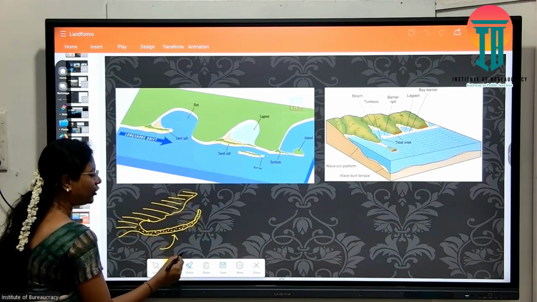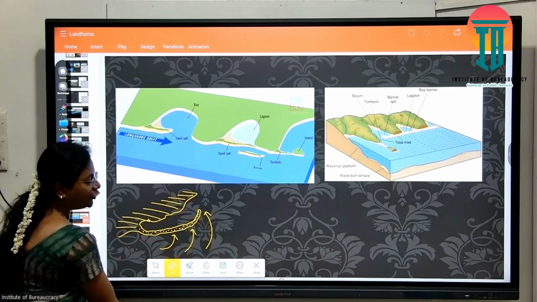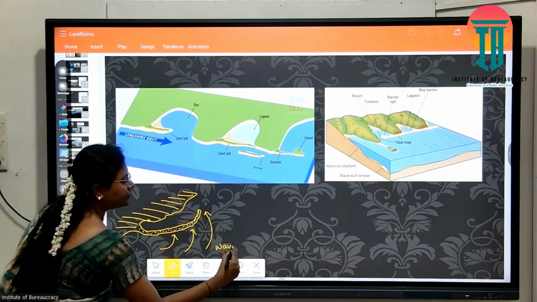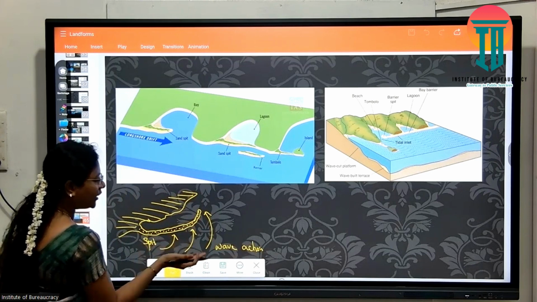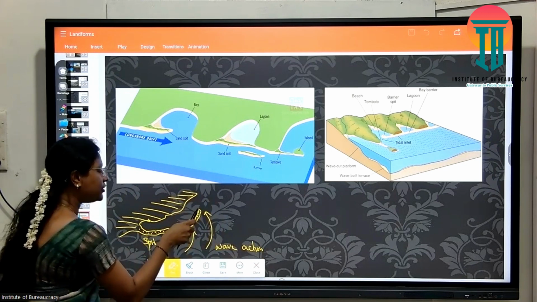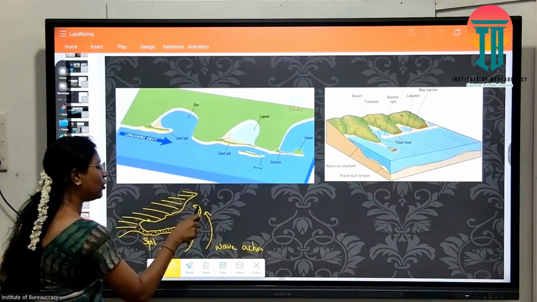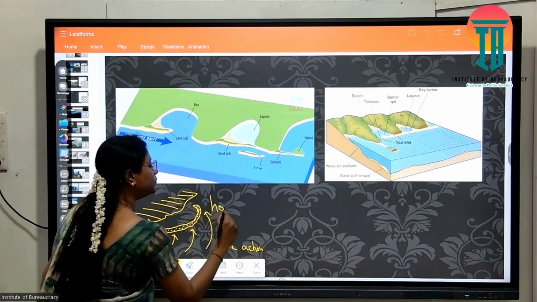All of this is brought in by wave action, and due to wave action my spits may take a curving nature. Such curved spits are known as hooks.